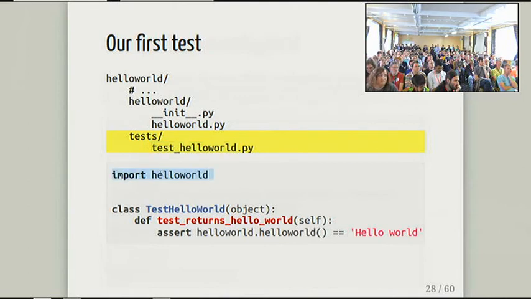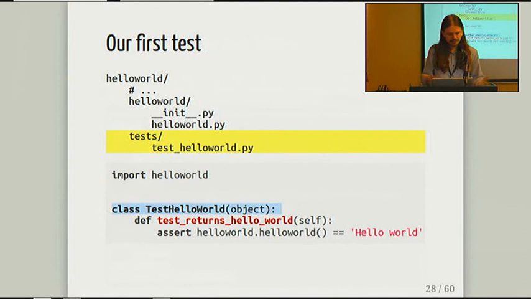And the actual code is just we import the helloworld. I like to organize that inside a class. That's not necessary. That's just the way I like to work. You can just write the function without a class if you prefer that.